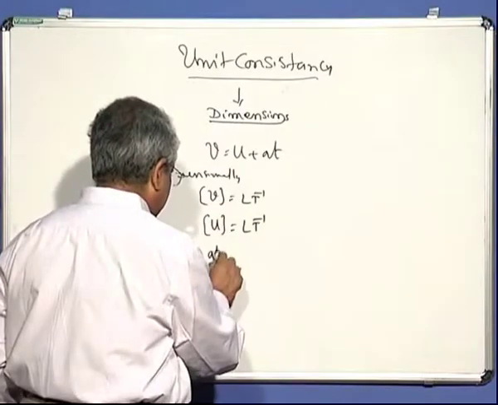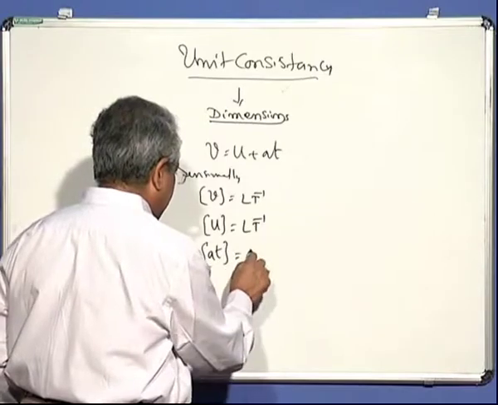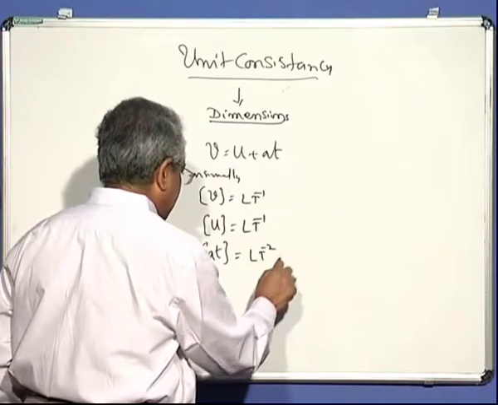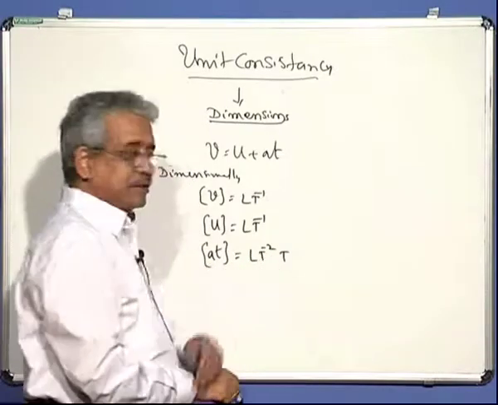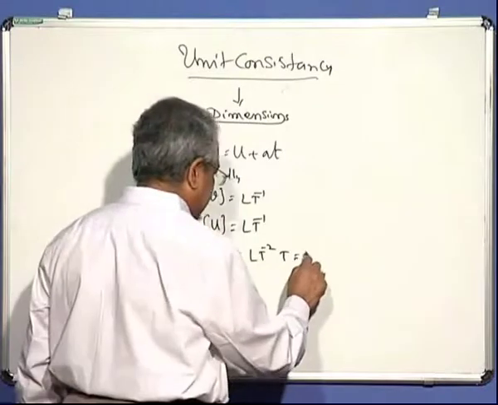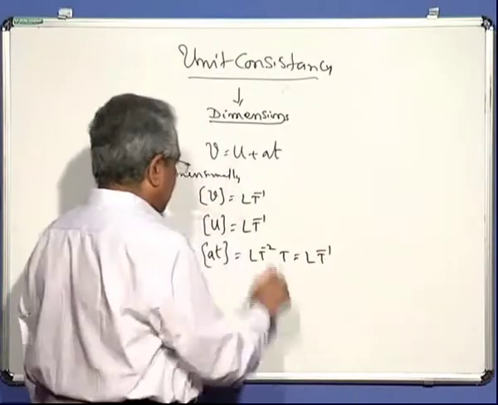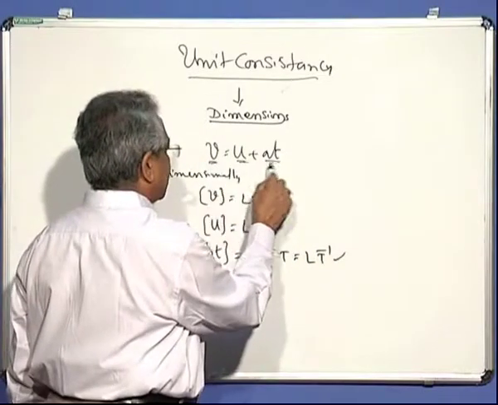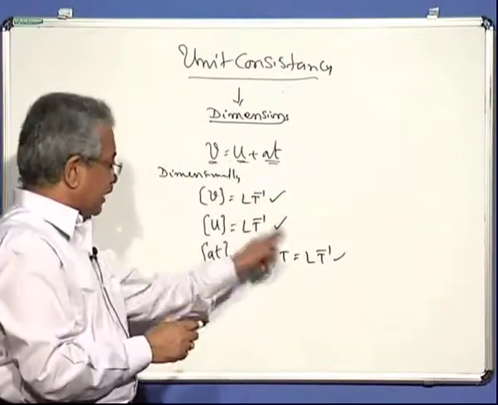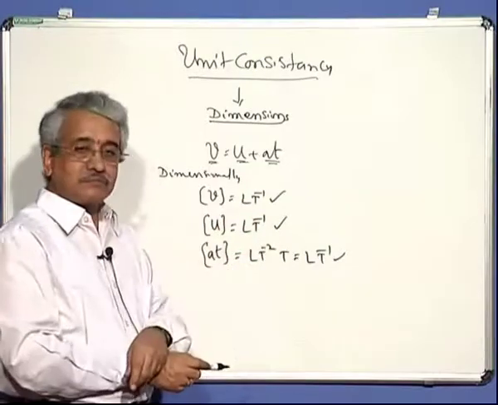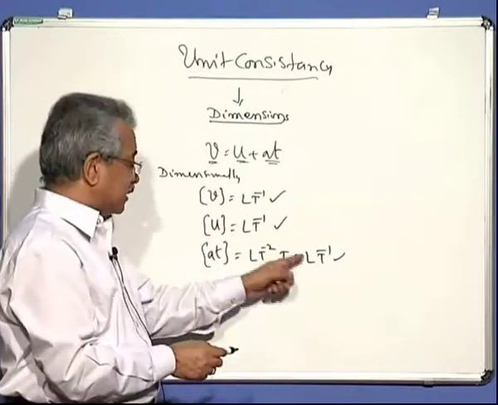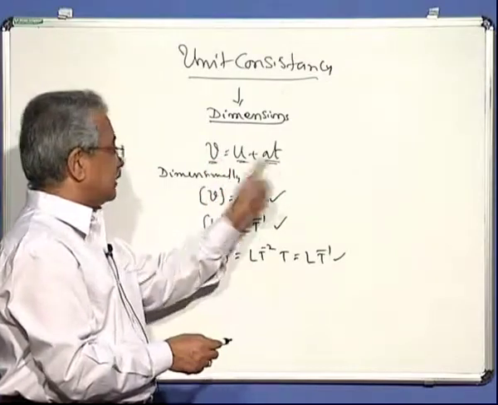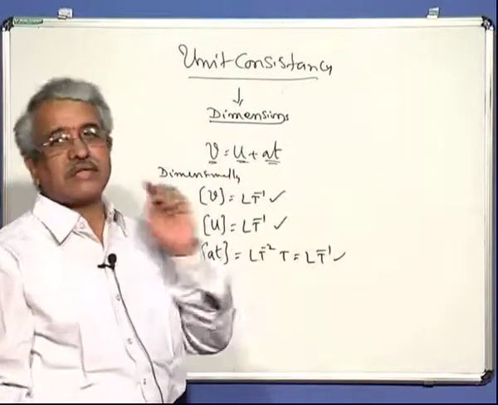Coming to AT, for A it is LT minus 2, for time it is T, so this is again LT minus 1. Now you can see each term in the equation on either side has the same dimensional formula. This dimensional formula being common for each term, the equation must be correct.